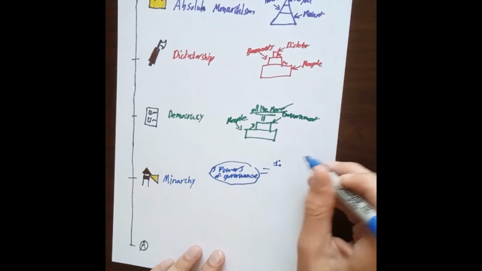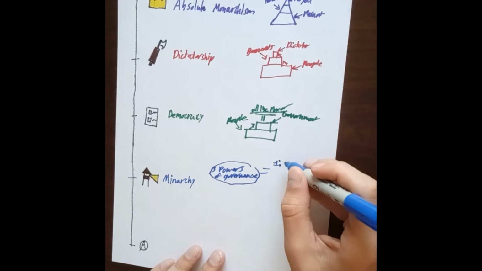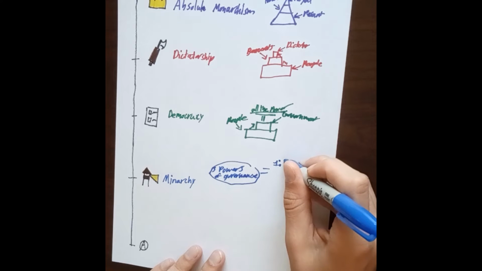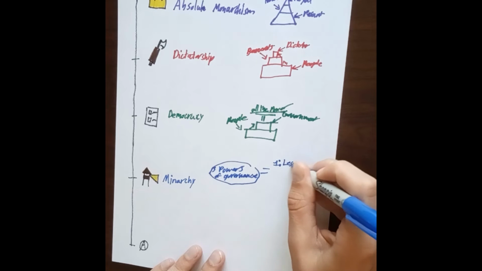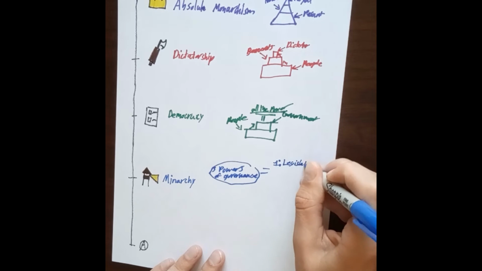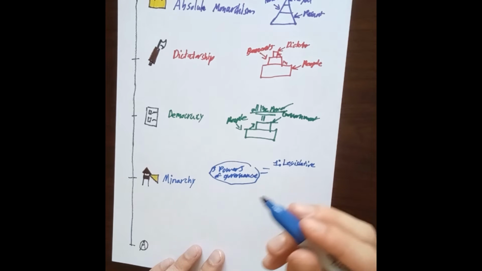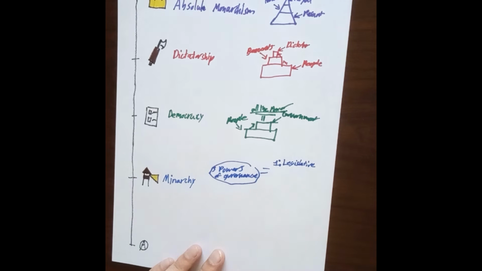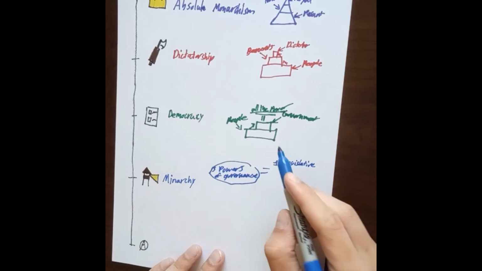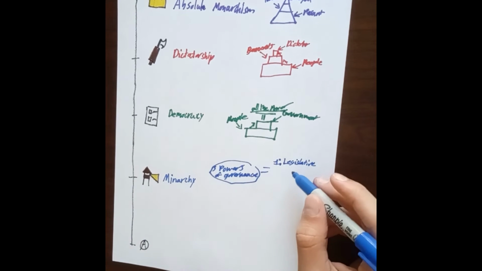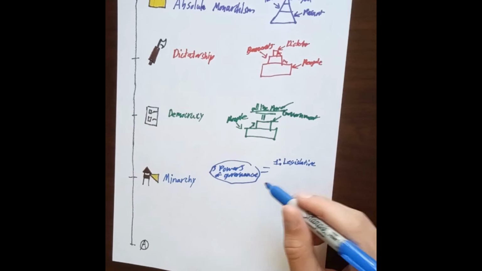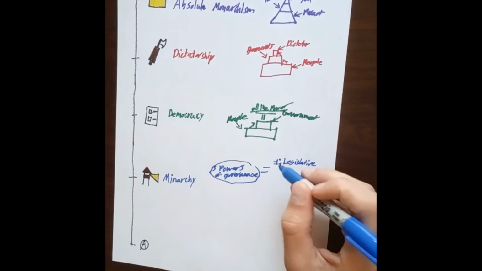So we got number 1. We have legislative power. All right, so legislative power means you make the laws. All right, so if you have legislative powers, that means you have the ability to make laws.